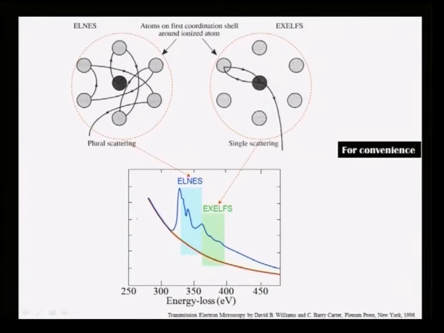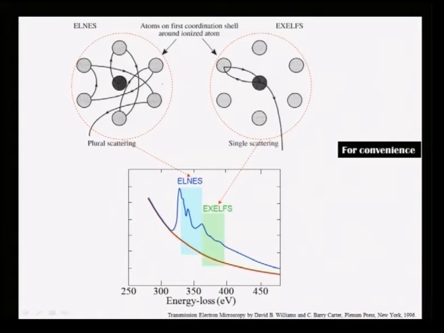To give you some more ideas about that, there are two things to consider. One is called single scattering and the other is called multiple scattering. Suppose this black atom is surrounded by 6 atoms of other types, and we would like to know how these atoms are distributed around the black atom.